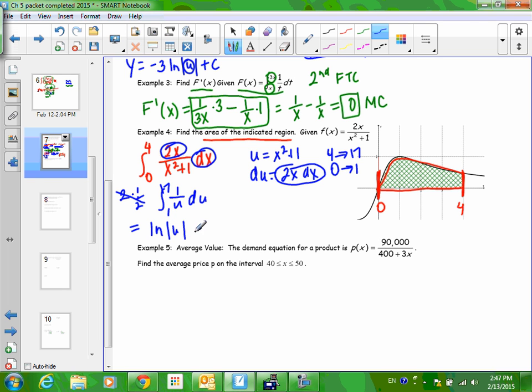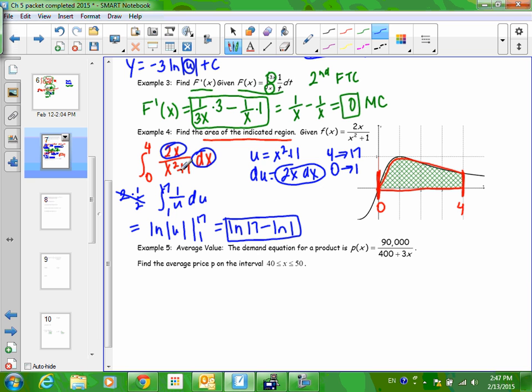Okay, hopefully you integrated as natural log of u, and then we had 17 and 1. And so you don't have to go back to x. If you've found new limits of integration, new bounds, you can just stay in u and say your answer is natural log of 17 minus natural log of 1. Okay, that's the answer.